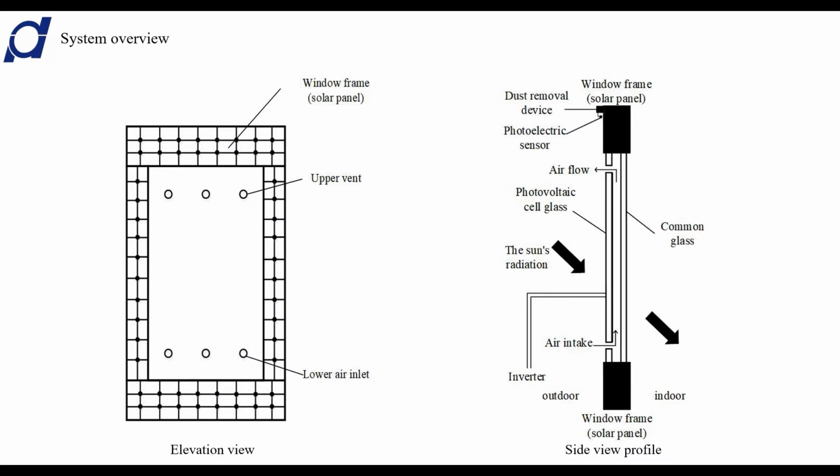The third point is there are some small holes drilled in the upper and lower parts of the outer glass. The last point is that a photoelectric thinner and dust removal device are installed on the outside of the window frame.